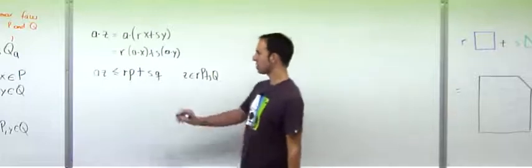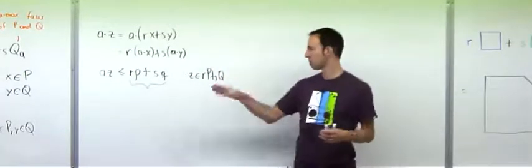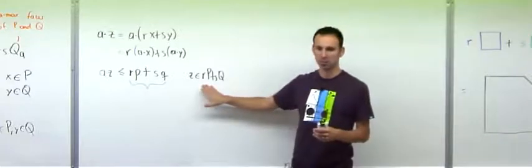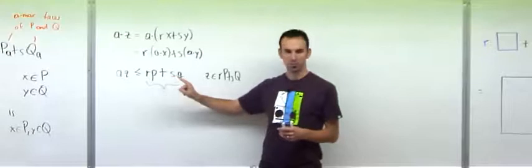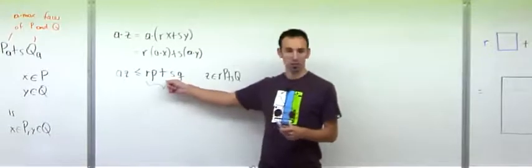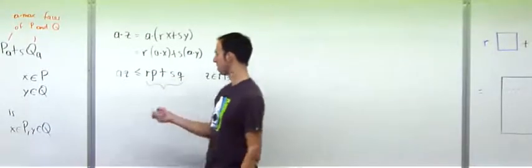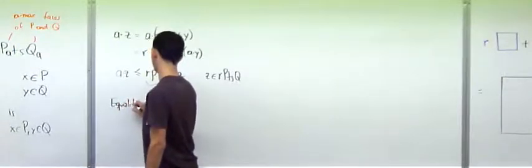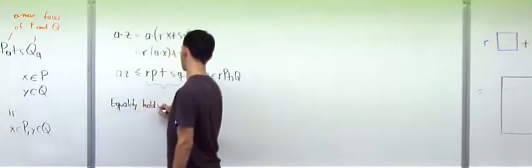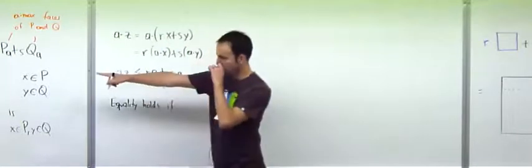So that means that this right here is an upper bound for a dot something when something is in the polytope that I'm computing. But I also want to argue that equality does hold sometimes. When does it hold? Equality holds if those are equalities, right?